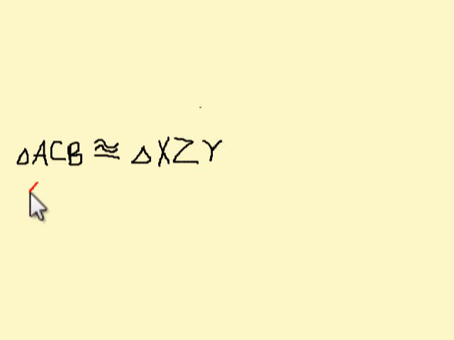So angle A is congruent to angle X, right? Side CB is congruent to side, and we would have to do it in the same order again. We did middle and last, we would do middle and last. So ZY.